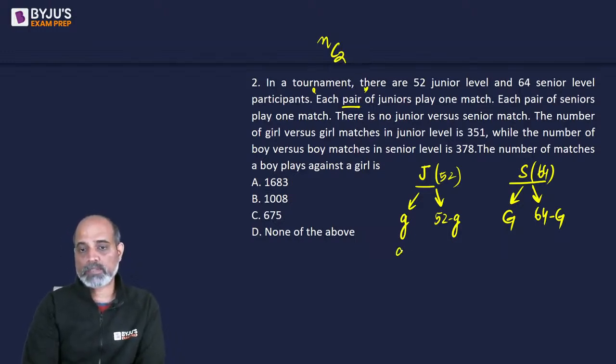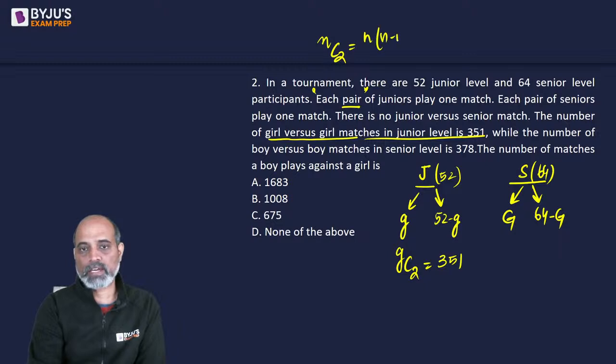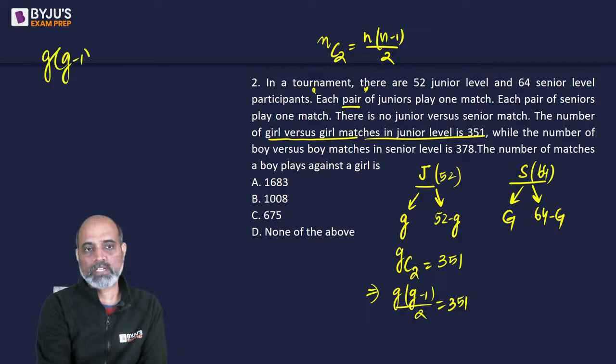So here, as per this GC2, the number of girl versus girl matches in junior level is given as 351. So NC2 is given as n into n minus 1 whole divided by 2. So using this, we can say G into G minus 1 whole divided by 2 is 351. Or G into G minus 1 results in twice of 351, which is going to be 702.